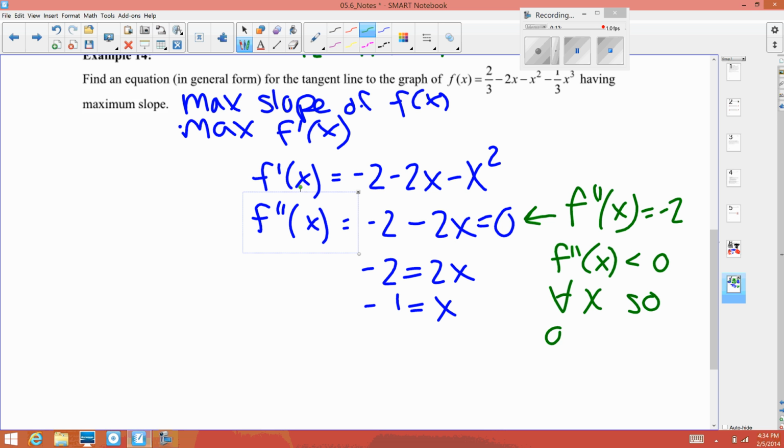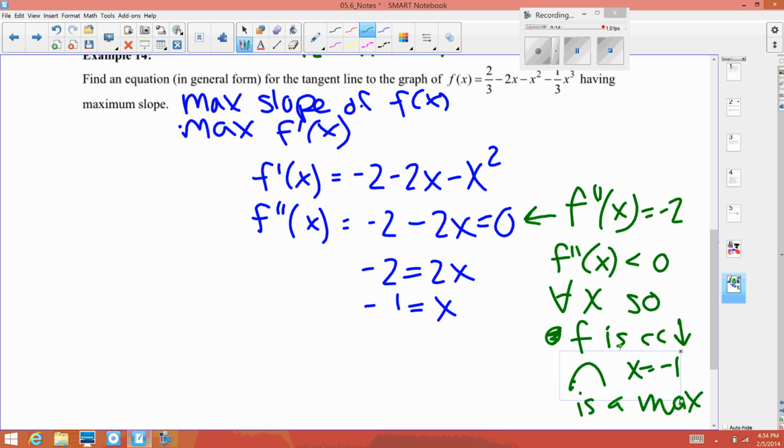So f prime is concave down like a frown. All right, so x equals negative 1 is a max. There we go.